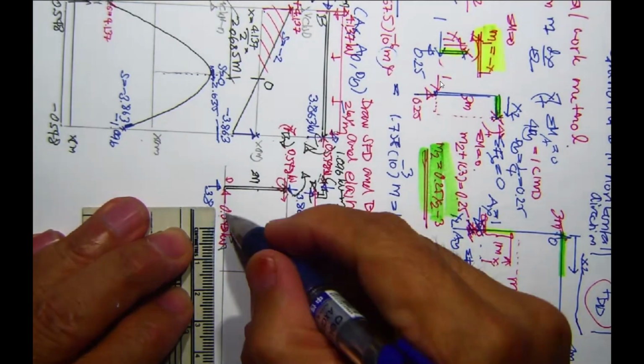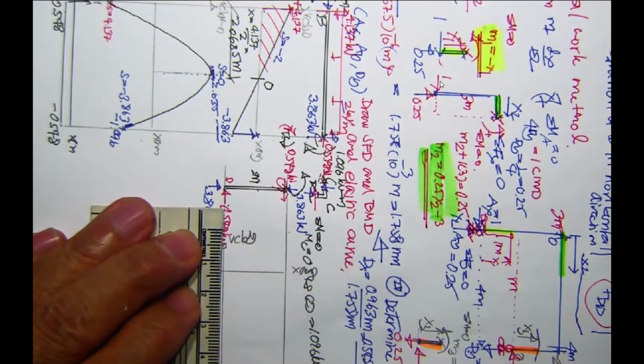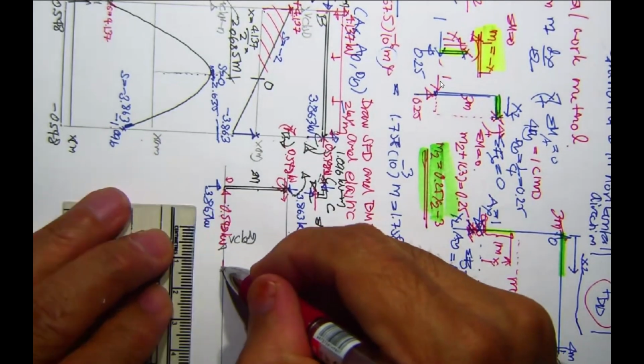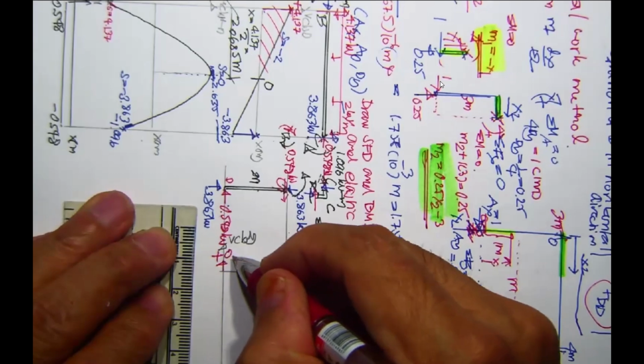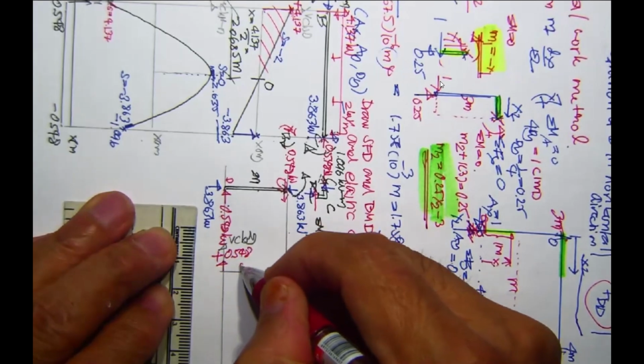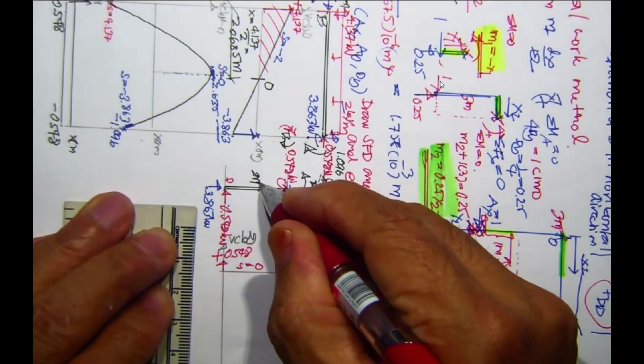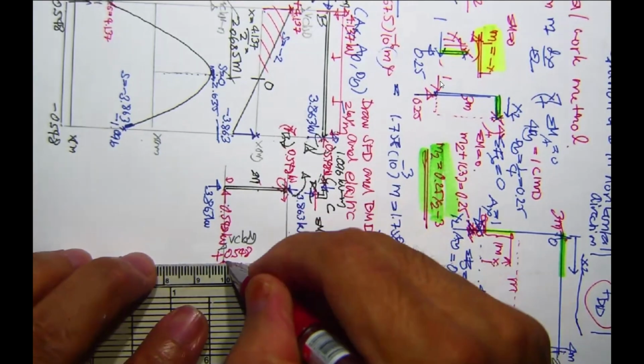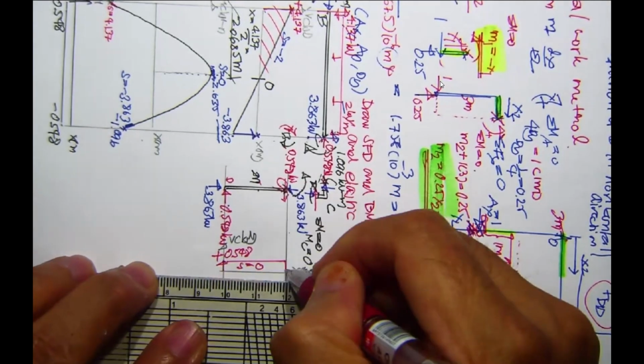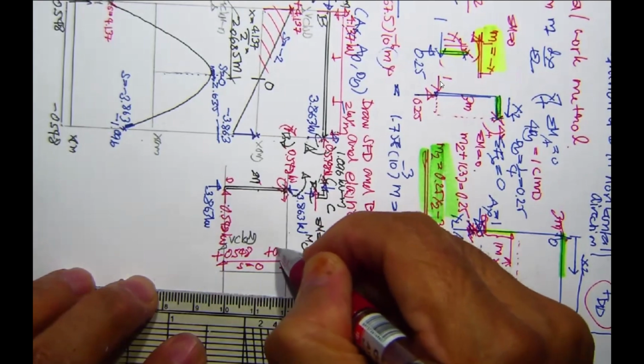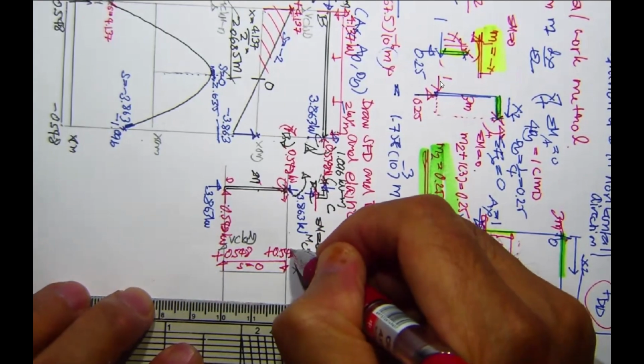Shear is going to be positive, so this is going up. 0.548, since there is no W, and then downward, plus 0.548.